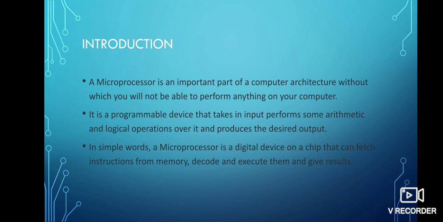It is a programmable device that takes in input, performs some arithmetic and logical operations over it, and produces the desired outputs. In simple words, a microprocessor is a digital device on a chip that can fetch instructions from memory, decode and execute them, and give results.